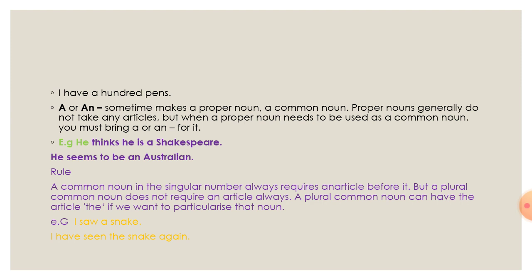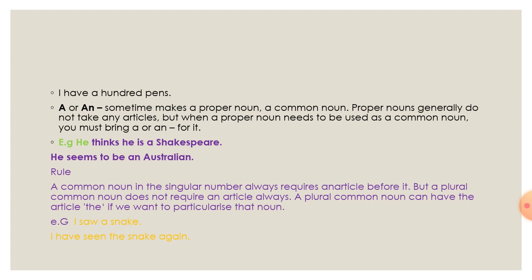Next rule: a common noun in the singular number always requires an article before it, but a plural common noun doesn't always require an article. A plural common noun can have the article the if we want to particularize that noun. For example, I saw a snake. Here it refers to a random snake.